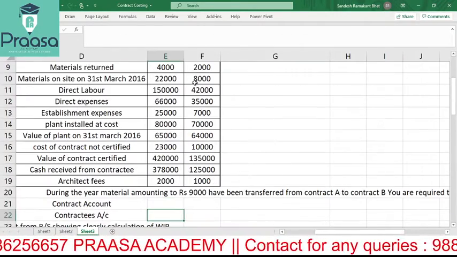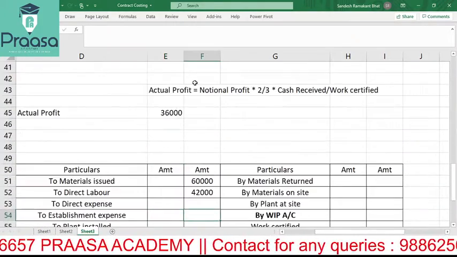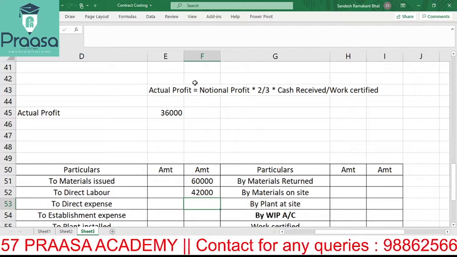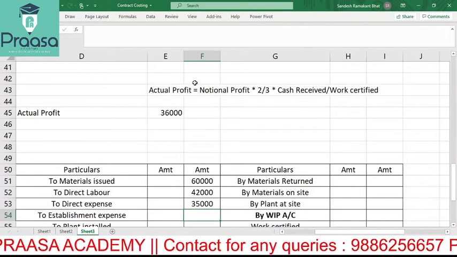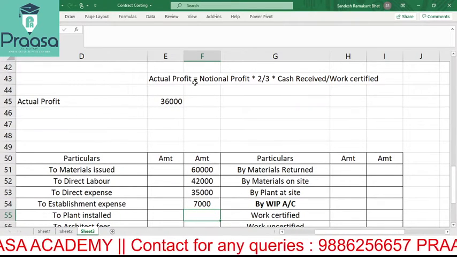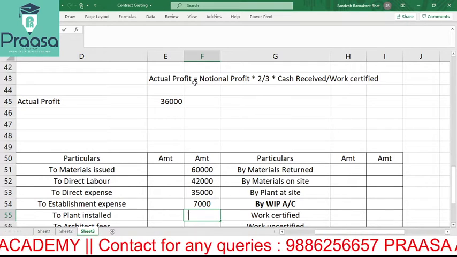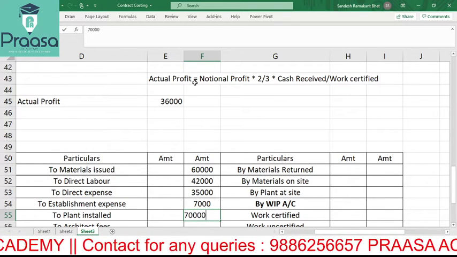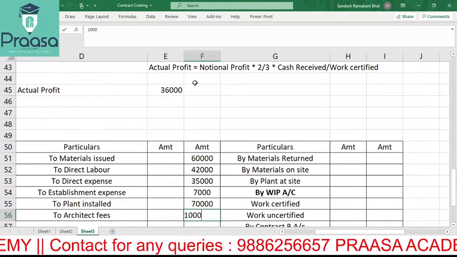Direct expenses 35,000, then establishment expense as usual, the same as in contract A, 7,000. Then plant installed, same information everywhere. Then architect fee is 1,000.